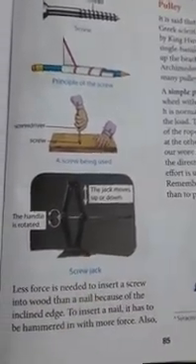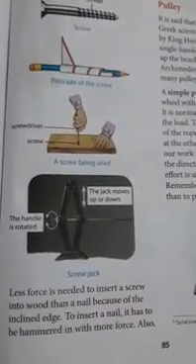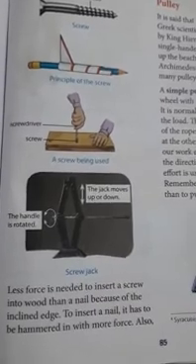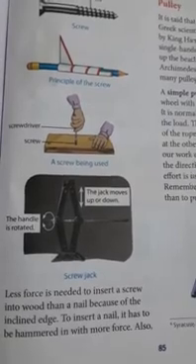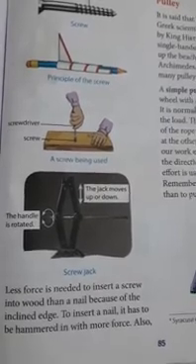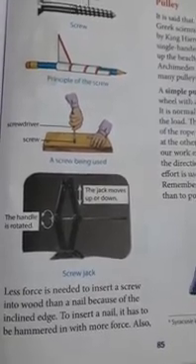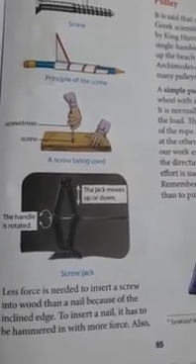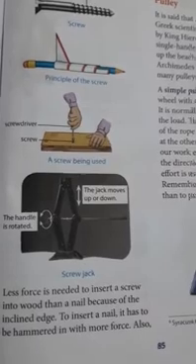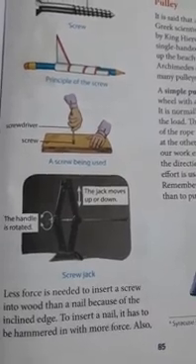Less force is needed to insert a screw into wood than a nail. Why? Because of the inclined edge, which helps the person give less force as compared to the nail.